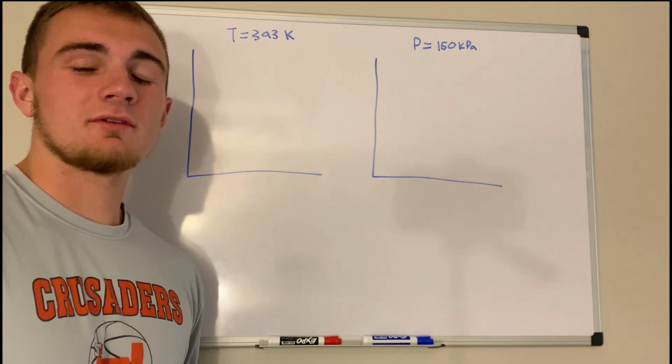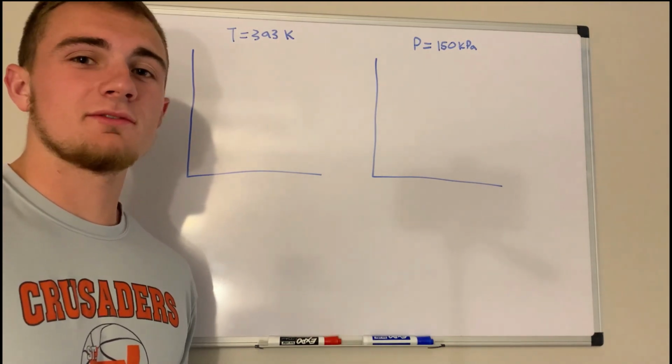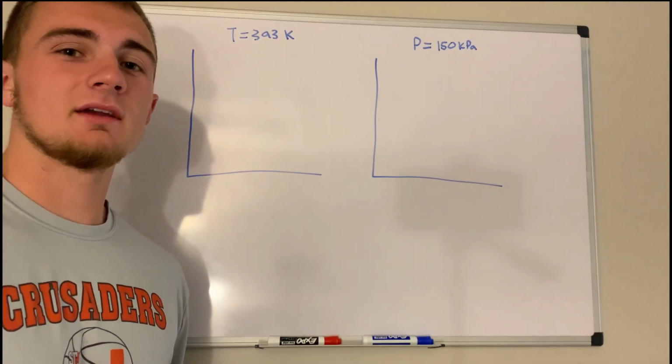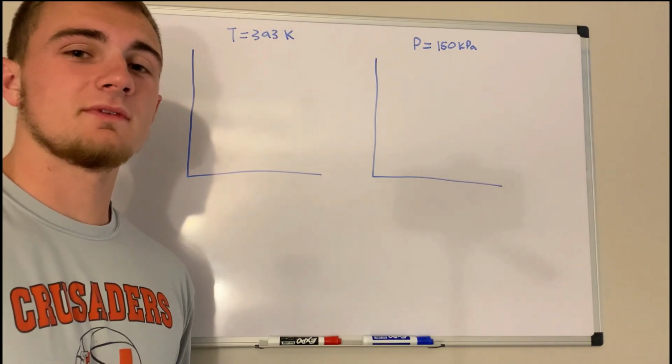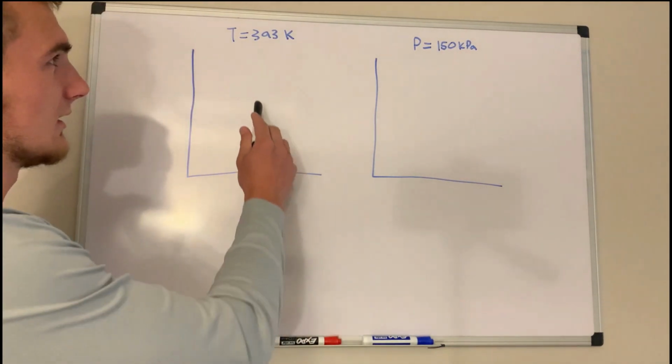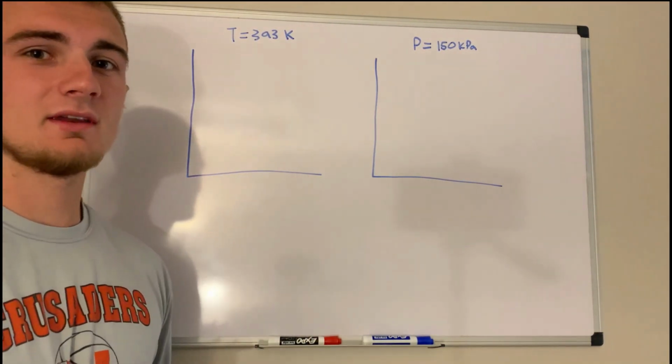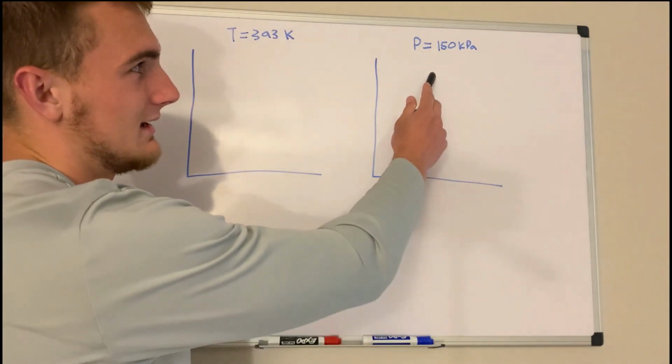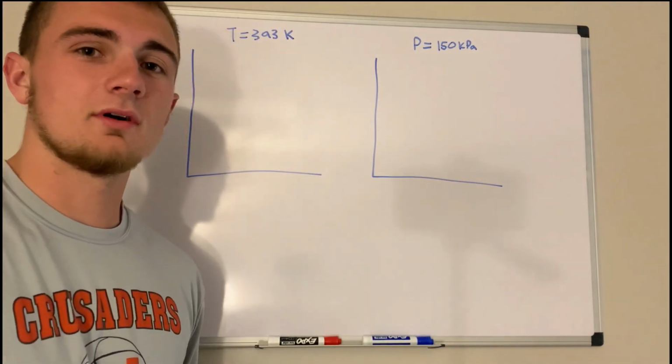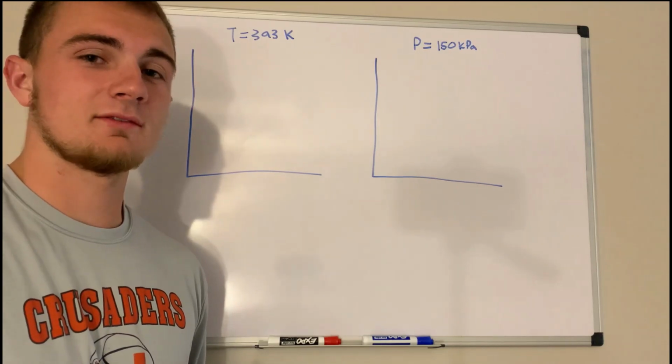For the second part of this video, we're asked to generate two plots for the binary vapor-liquid equilibrium phase at both a constant temperature of 393 Kelvin and a constant pressure of 150 kilopascals.